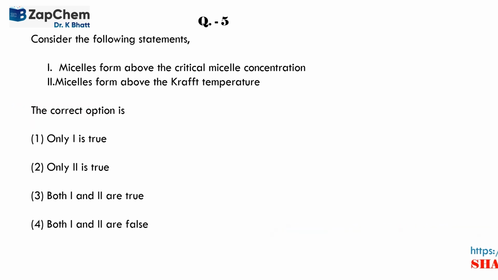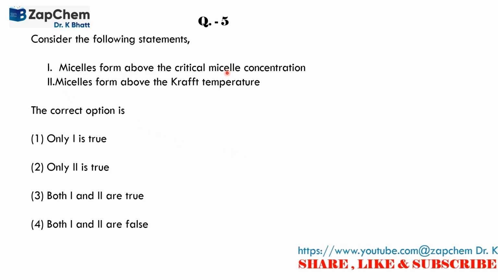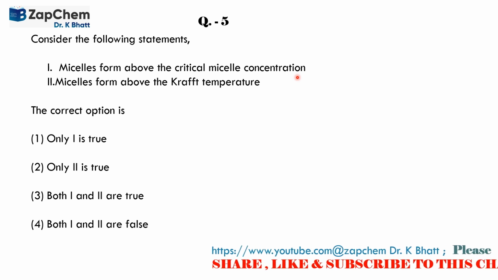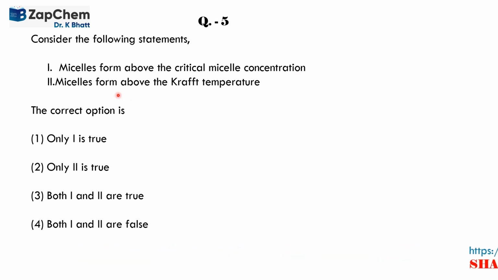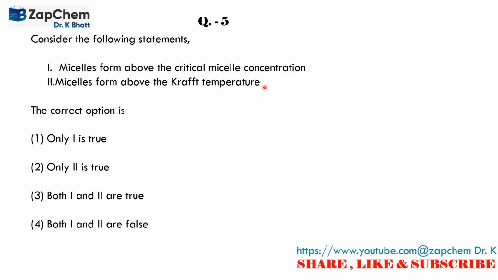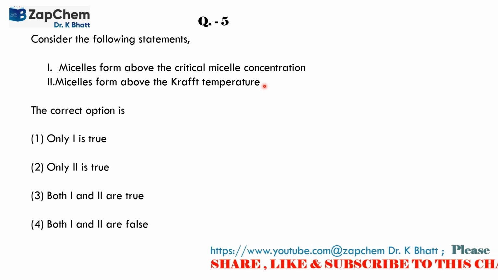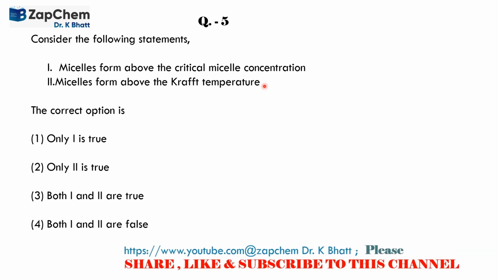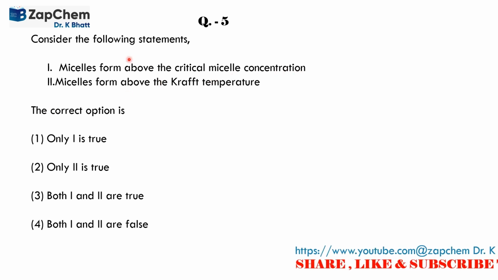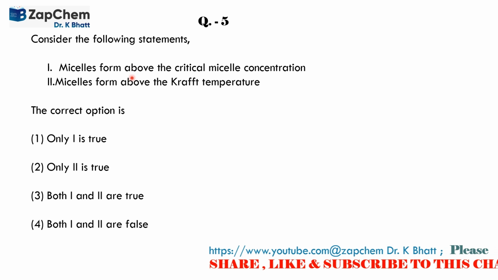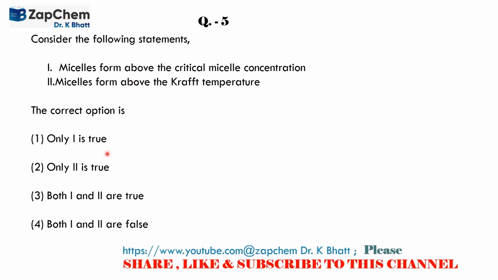Now let us move to question 5. Micelles form above the critical micelle concentration, known as CMC, and two statements are there. Micelles form above the Kraft temperature. There is a particular temperature which is known as the Kraft temperature, and a particular concentration which is known as the critical micelle concentration. Which of the following statements is correct?